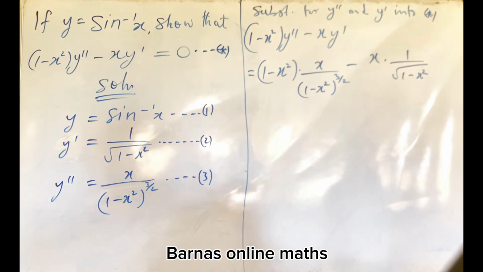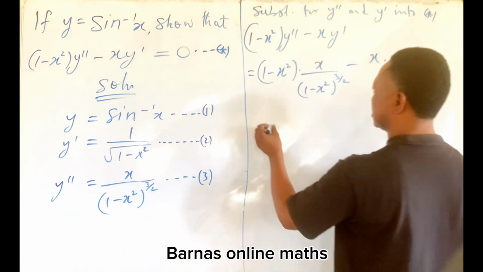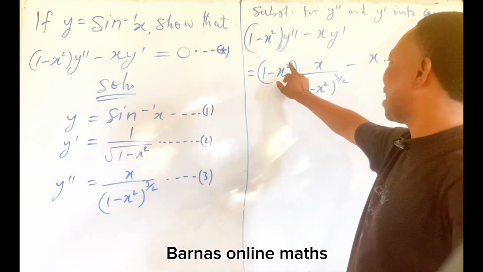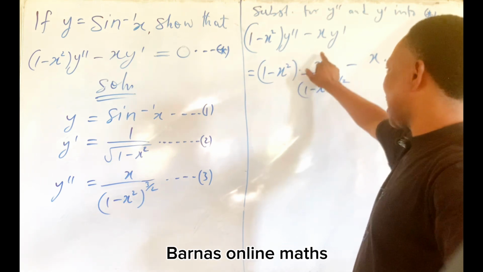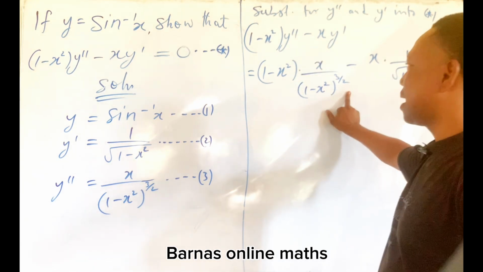As a matter of fact, you find out that this is the same thing as, of course, look at what we have here. We have 1 minus x squared times x into (1 minus x squared) to power 3 over 2.